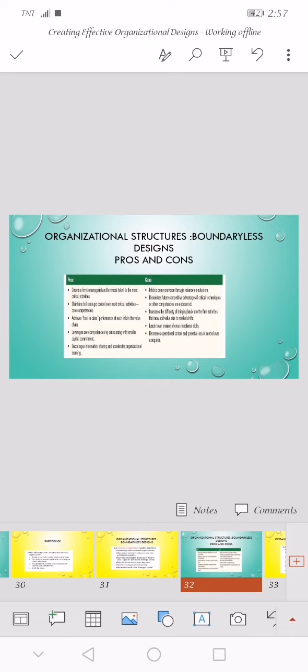Third, increases the difficulty of bringing back into the firm's activities that now add value due to market shifts. Fourth, leads to the erosion of cross-functional skills. Fifth, decreases operational control and risks potential loss of control over a supplier.